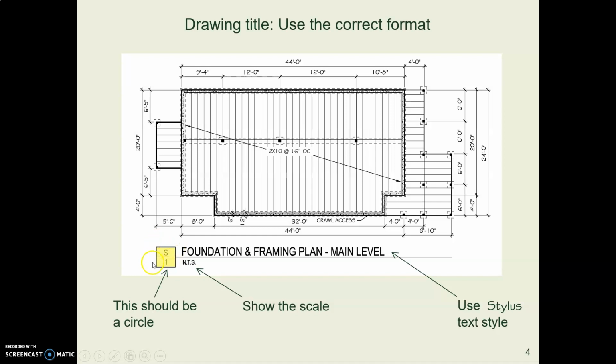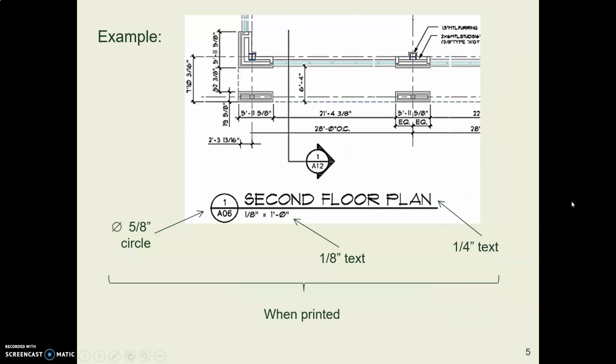So I'm going to show you how to draw a circle the right size. You should use a circle here, not a square. And you should use the stylus text style for this heading. And you shouldn't put "not to scale." You should always give the actual scale. I'll show you an example.